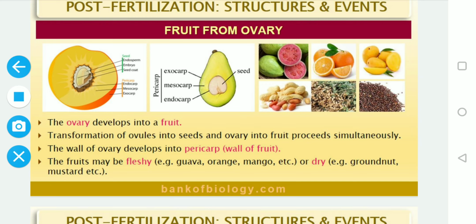If you take examples of the dry, that means groundnuts, mustards, they are also considered as fruits only, technically. Generally we will consider them as seeds, of course, but technically and botanically they are nothing but fruits only.